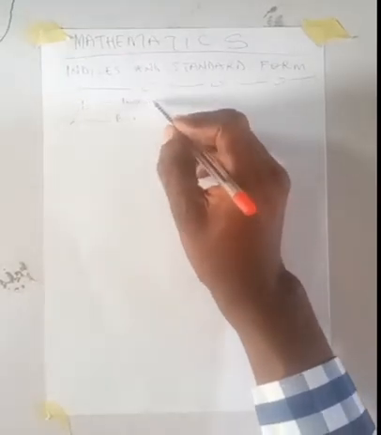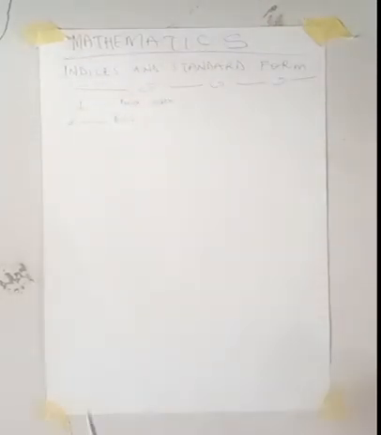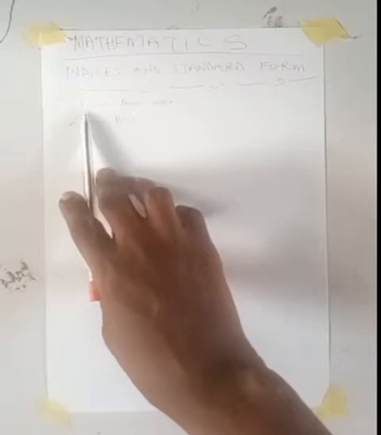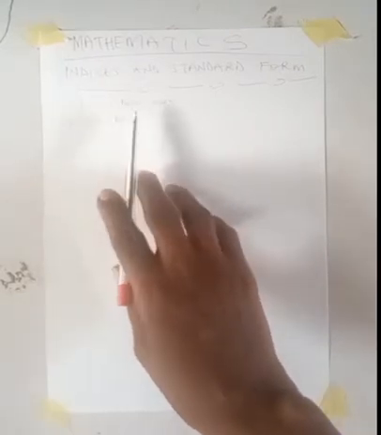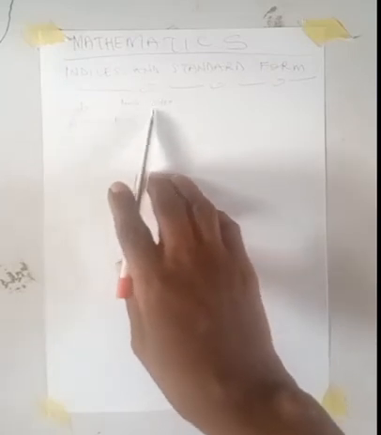It can as well be called an index. There are other names for this, but since this is JSS2 class, I am going to limit the naming to either power or index.